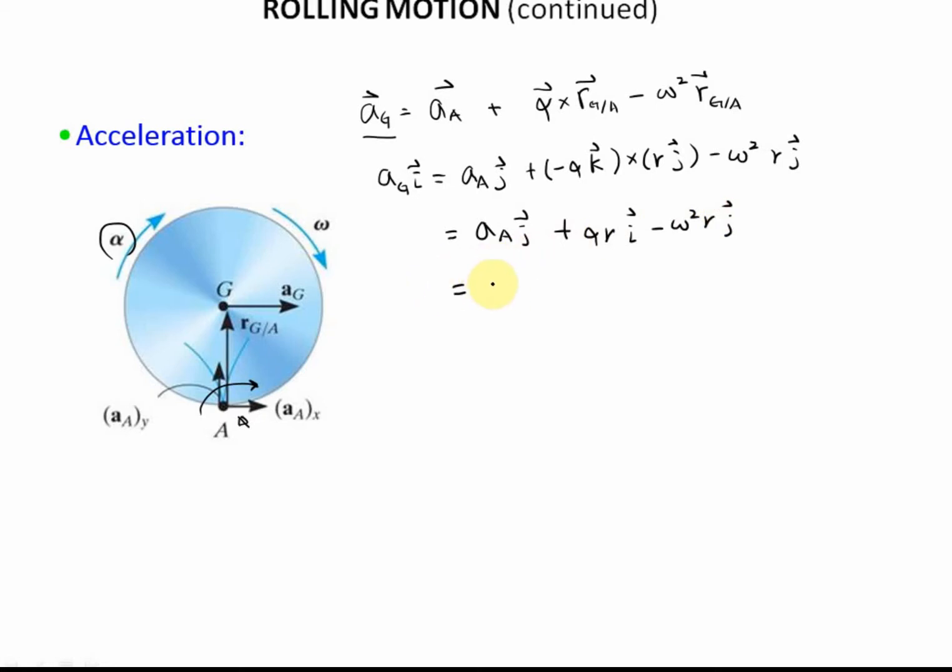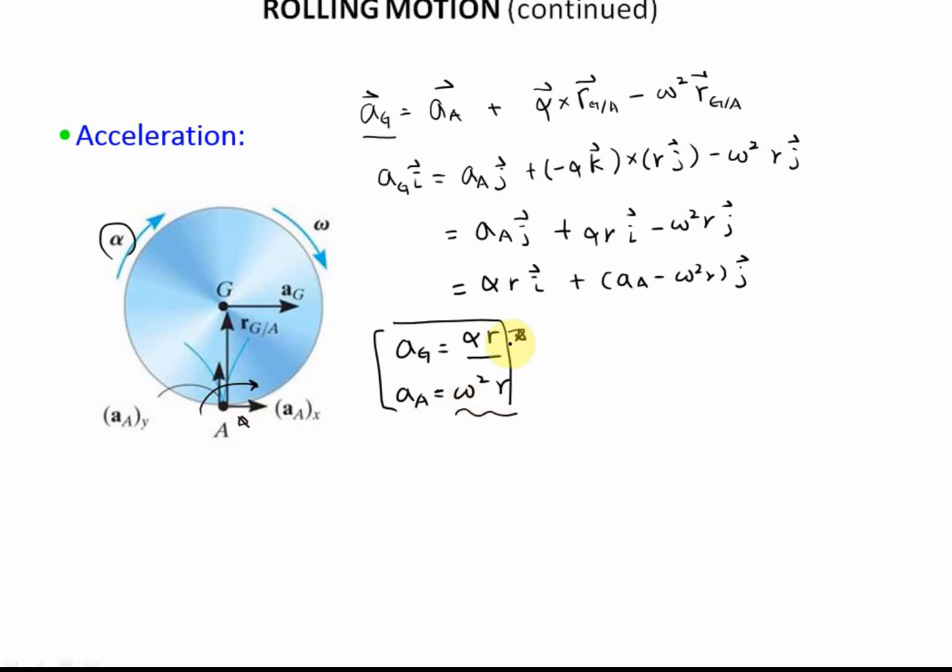So right now this is alpha r I plus aA minus omega square r j. On the left side, you know that aG should be alpha r, and aA should be omega square r. So the acceleration of G is determined by alpha r, and the y component of the acceleration of A is determined by omega square r. This is the acceleration component of the rolling motion.